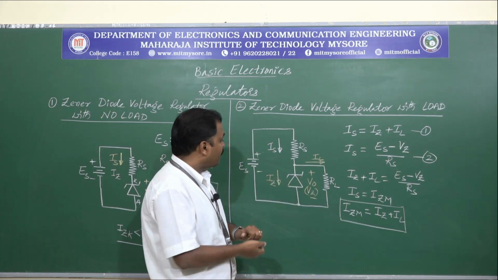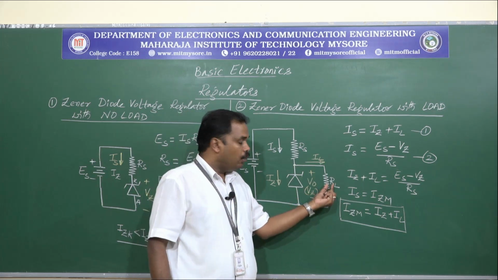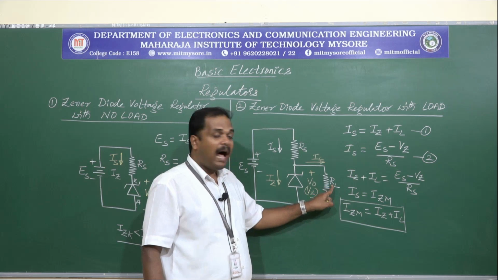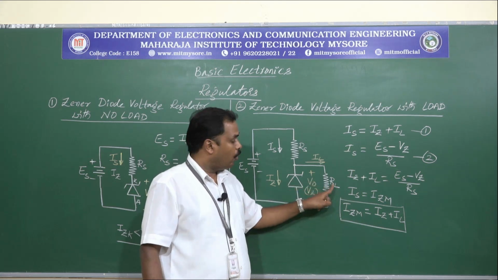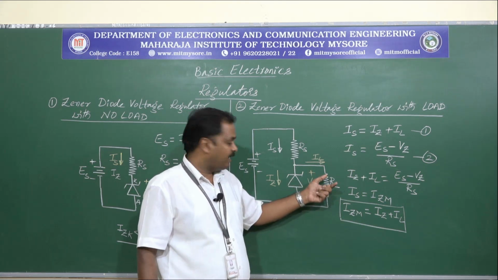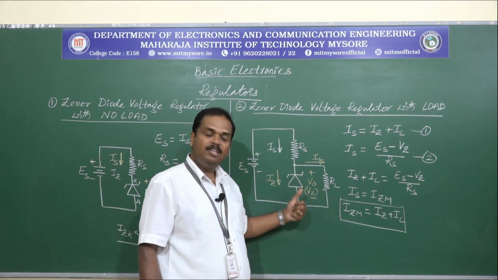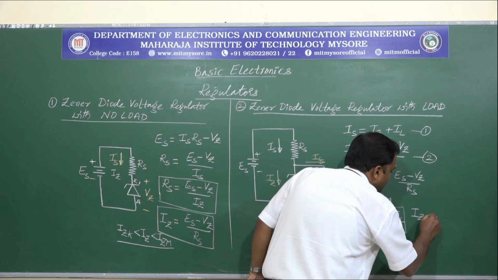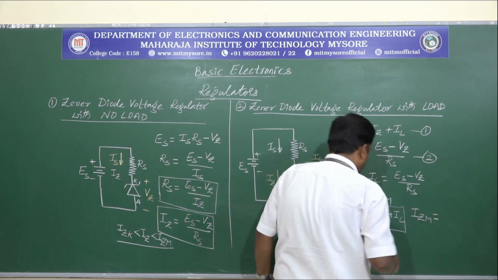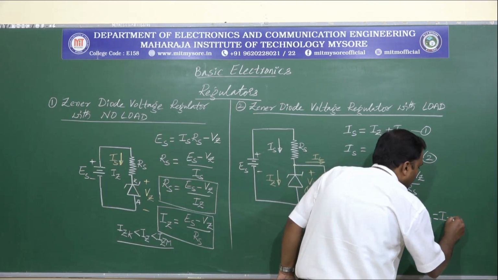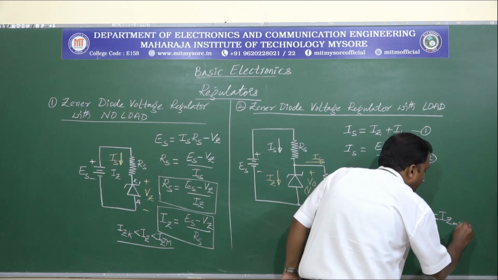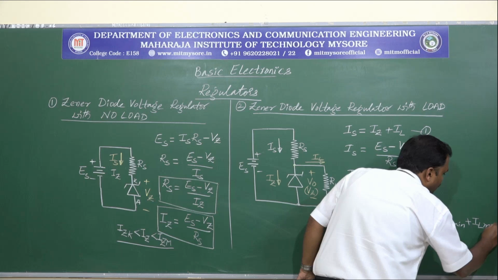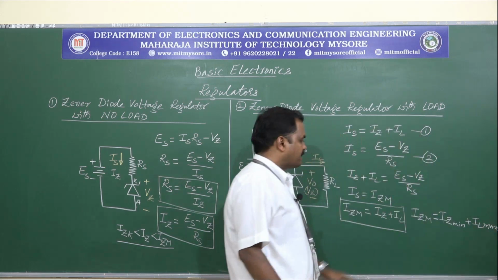So let us say, for example, if the load gets maximum current, considering RL is minimum, load will be getting the maximum current, then Zener will be getting the minimum current. Then IZM can be written as IZ min plus IL max.